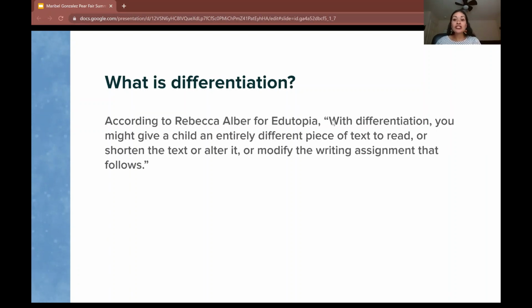And so differentiation is typically for students who have an IEP. It's typically for students who are part of the special education program, who are considered emerging multilingual or English language learner. And systemically and institutionally, that is who differentiation is for.